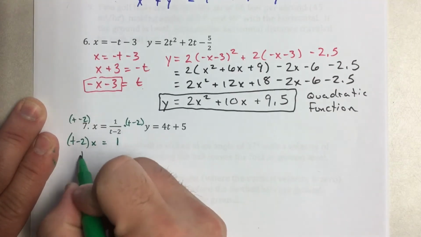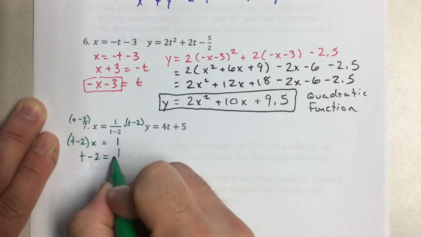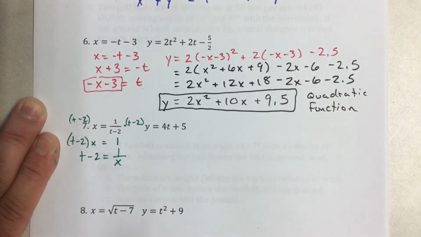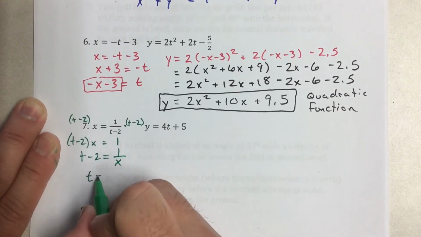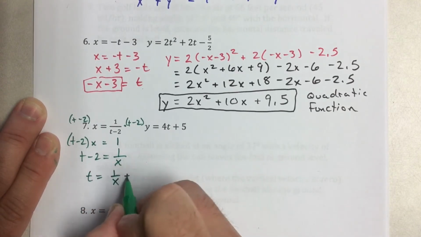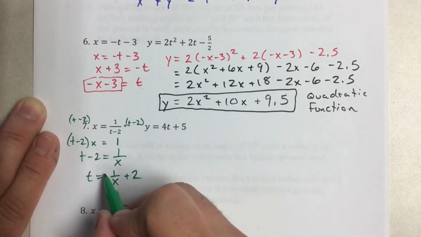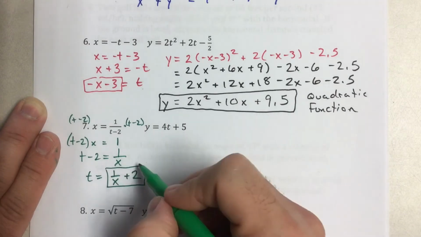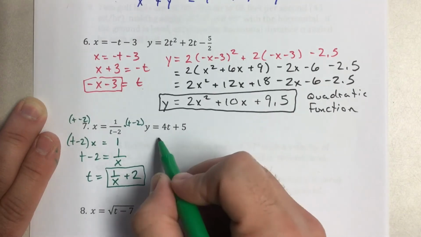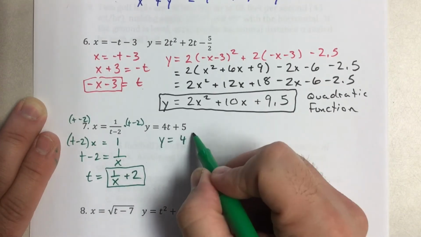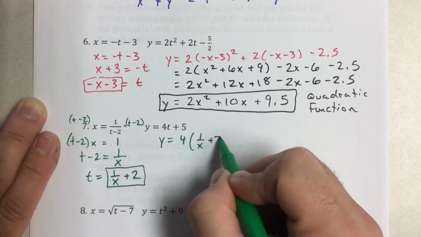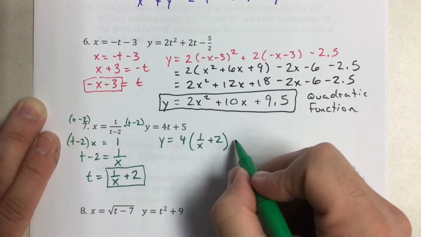I'm going to divide by x, giving us 1 over x. Now I'm going to add 2, giving us 1 over x plus 2. Then we substitute this in for t, giving us y equals 4 times 1 over x plus 2, plus 5.